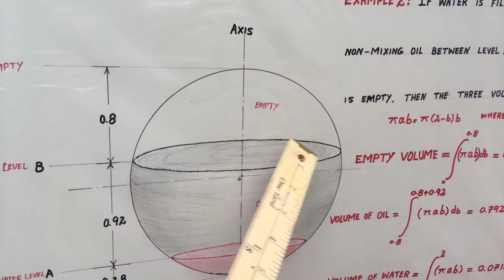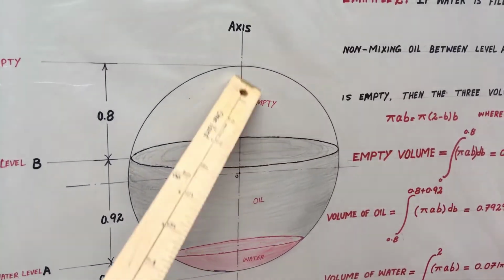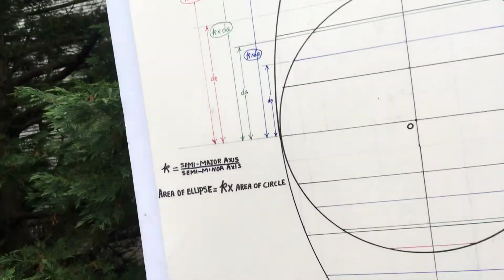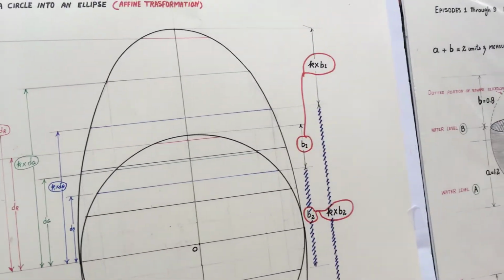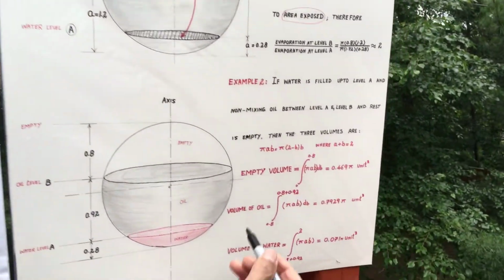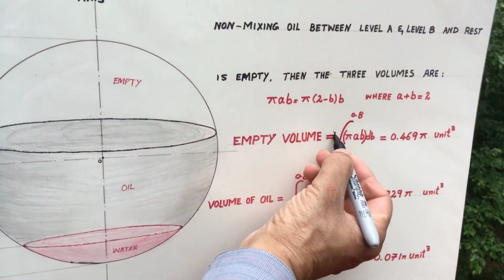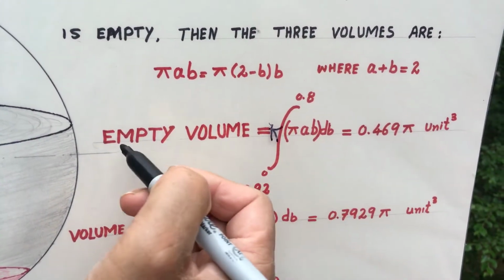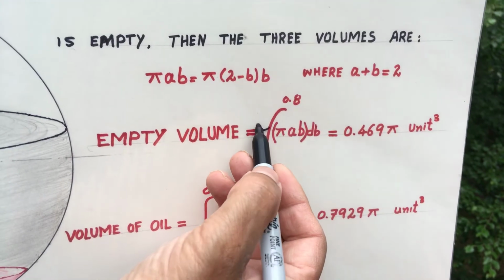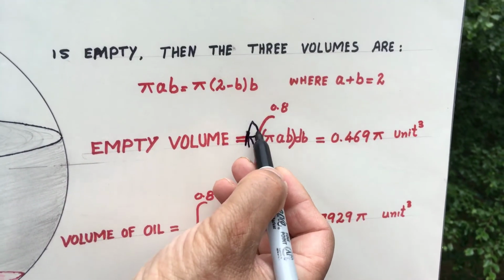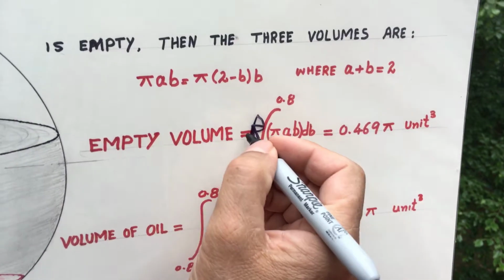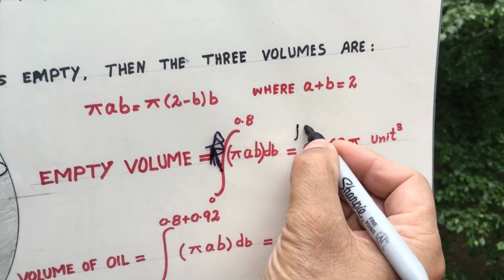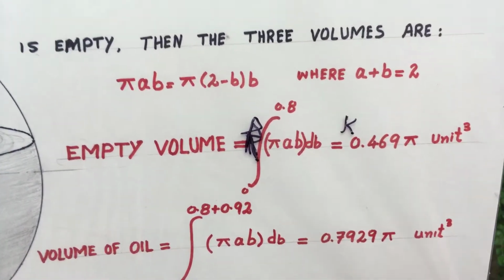So the empty volume will become k times this. So in the transformed version, it will be k times this one, where k is a constant multiplier.